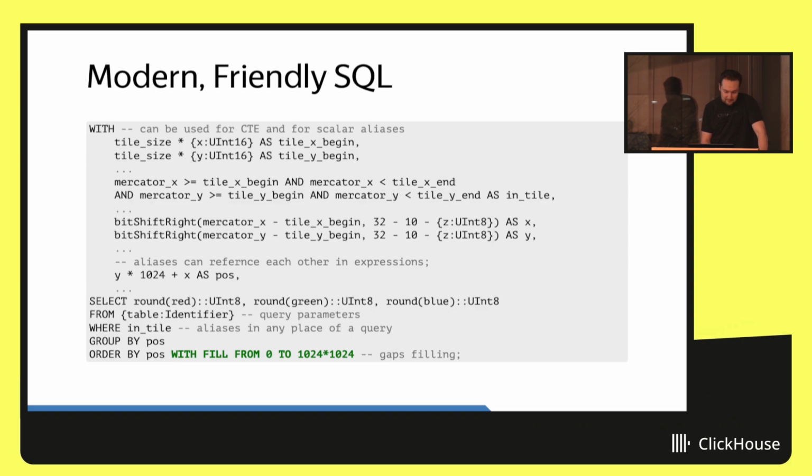For example, this expression references already defined aliases. It does not sound like a big deal, but in any other database, you don't find this feature. In ClickHouse, you do. What else? Query parameters.